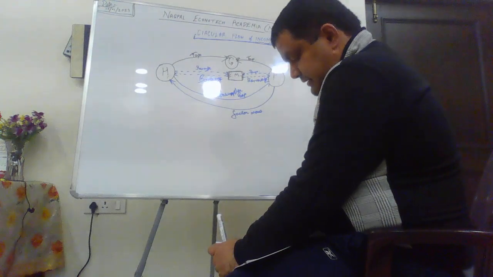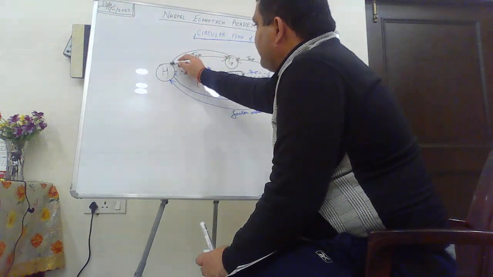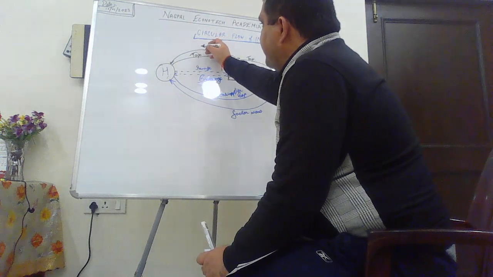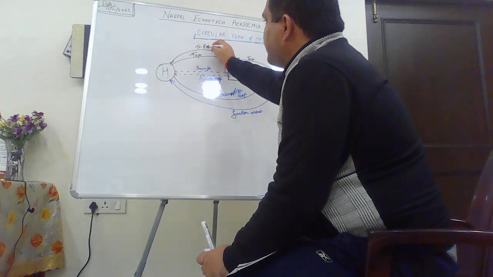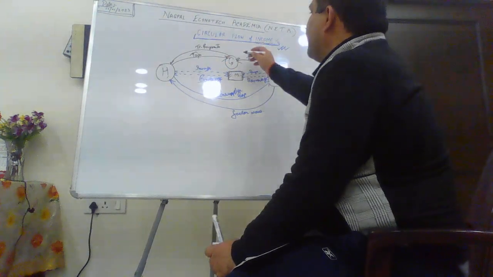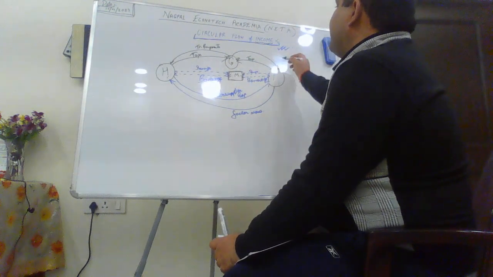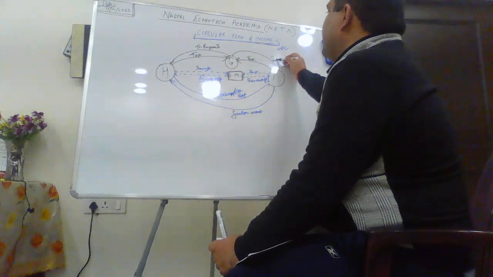And the government sector pays to the household sector in the form of transfer payments. And it makes the payment to the firm sector in the form of subsidies.